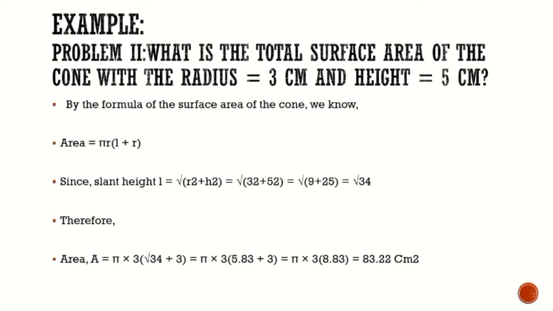Therefore, area is pi times 3 (square root of 34 plus 3), equal to pi times 3 (5.83 plus 3), then equal to pi times 3 (8.83), which is equal to 83.22 square centimeters.